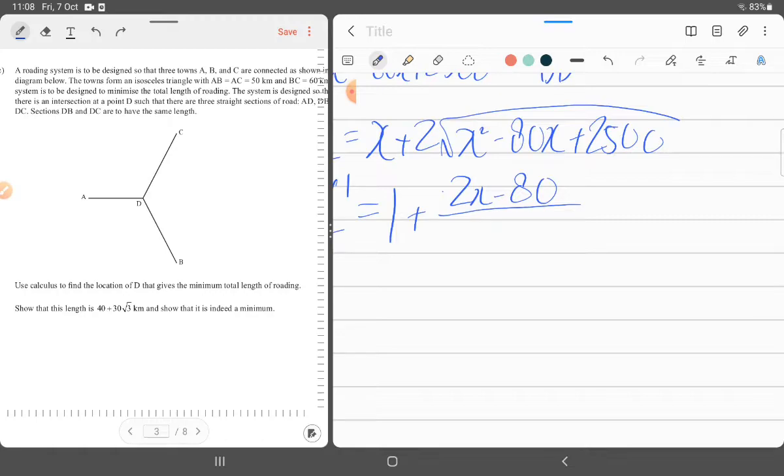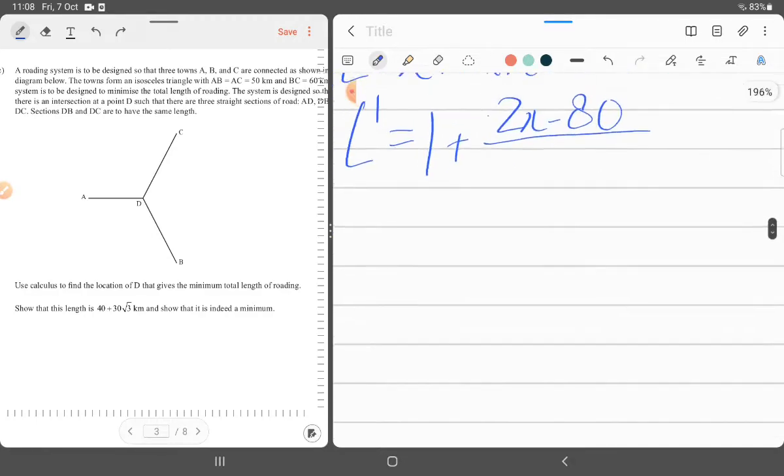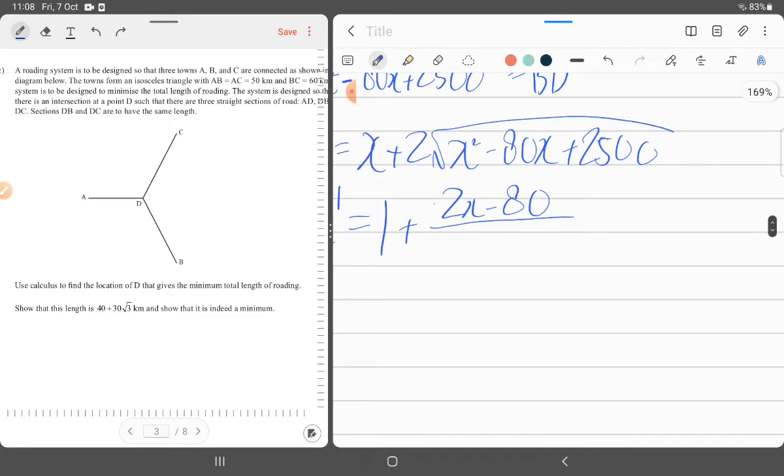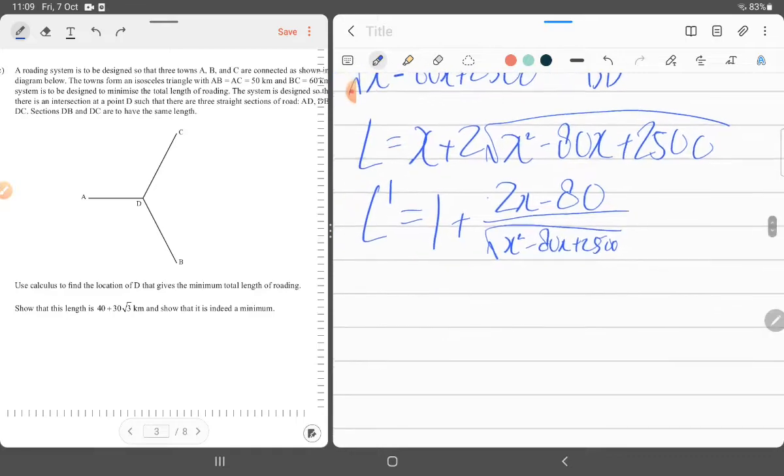I hate doing chain rule with big numbers and lots of functions. Right. Yes, it is. That cancels out. So 2x take away 80 over square root of x squared take away 80x plus 2500.